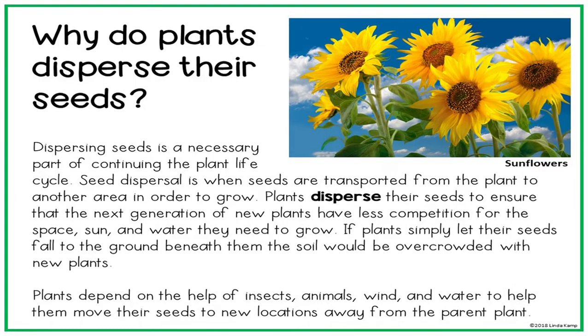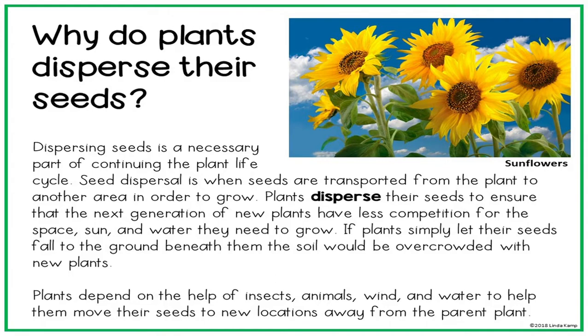Why do plants disperse their seeds? Dispersing seeds is a necessary part of continuing the plant life cycle. Seed dispersal is when seeds are transported from the plant to another area in order to grow. Plants disperse their seeds to ensure that the next generation of new plants have less competition for the space, sun, and water they need to grow.